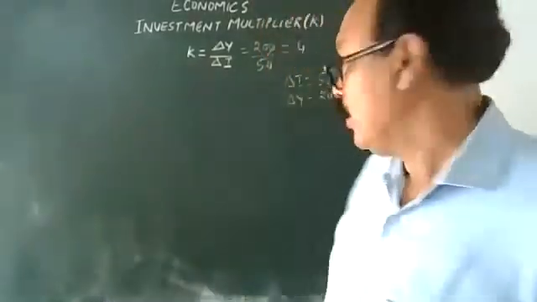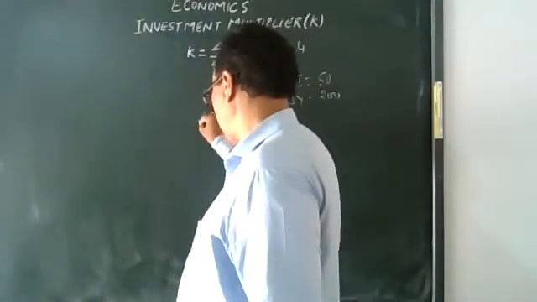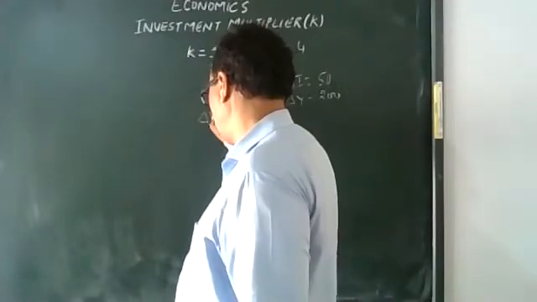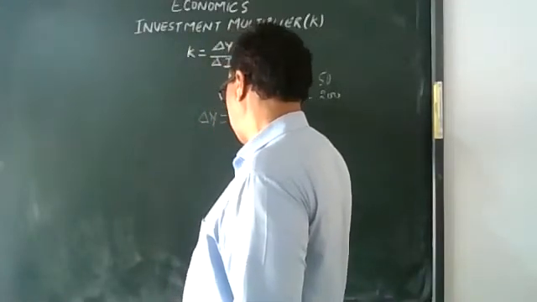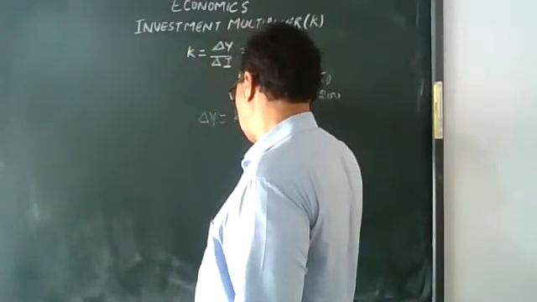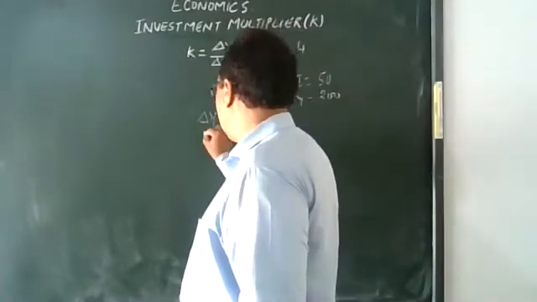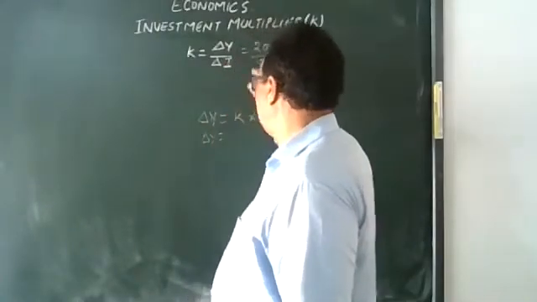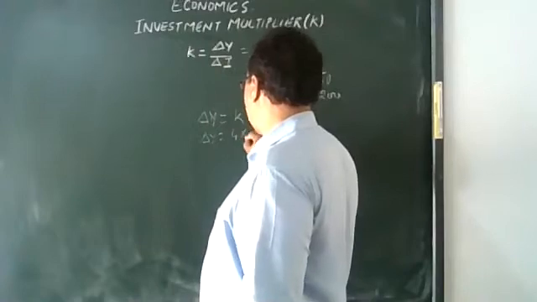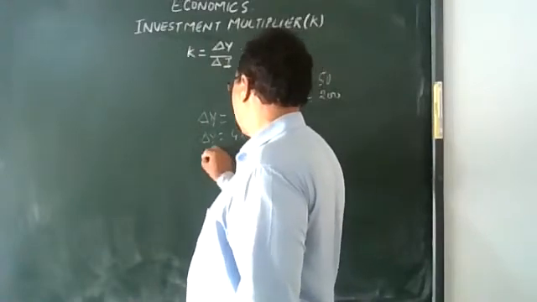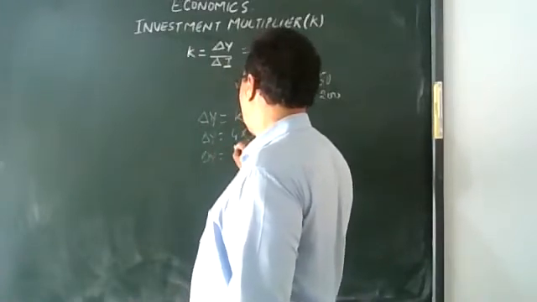Change in income is equal to K into delta I. Change in income in our example, 4 into 50, would be 200.